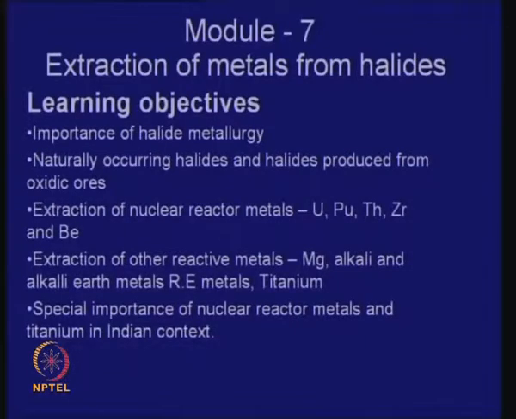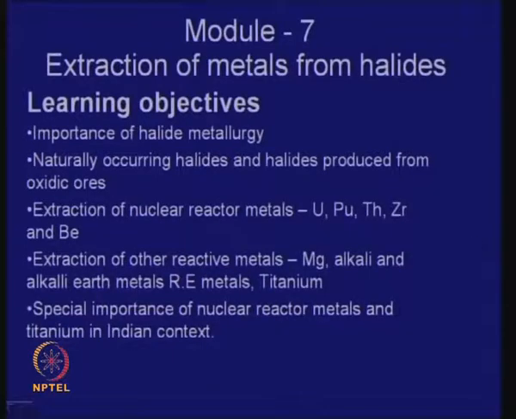So, carbon reduction is not something that we can think of when they are in the oxide form. That is why we have to take them into the halide form and see how we can reduce the halide suitably to get the metal.